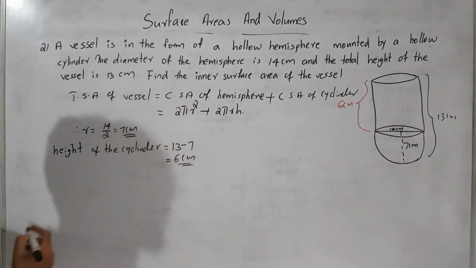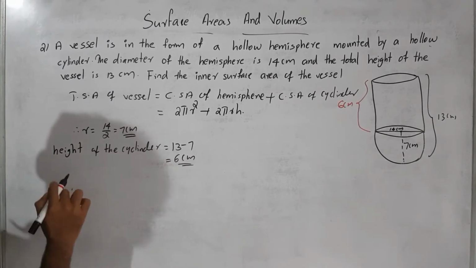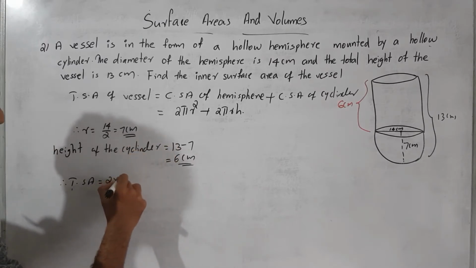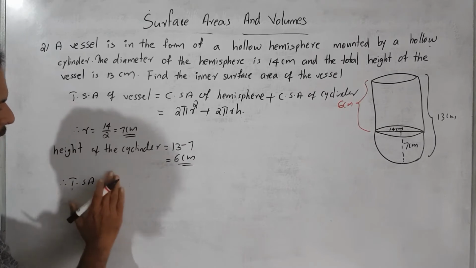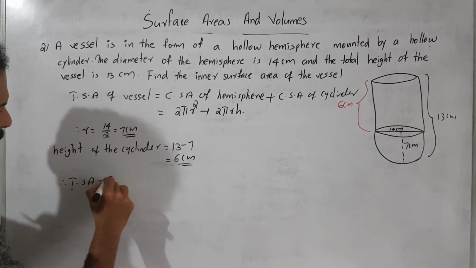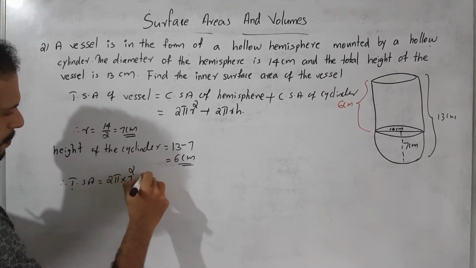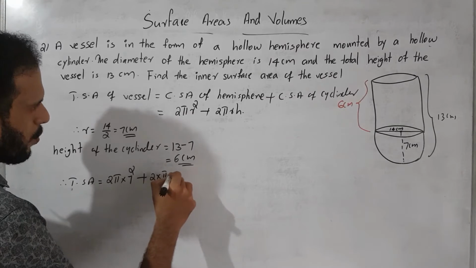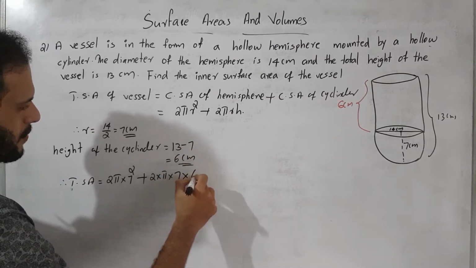Then next we substitute the values directly. Therefore, CSA is equal to 2 into pi, the pi value is 22 by 7, or at last we substitute the pi value. Okay, 2 pi into r square, which is 7 square, plus 2 into pi into r, which is 7, into h, which is 6.